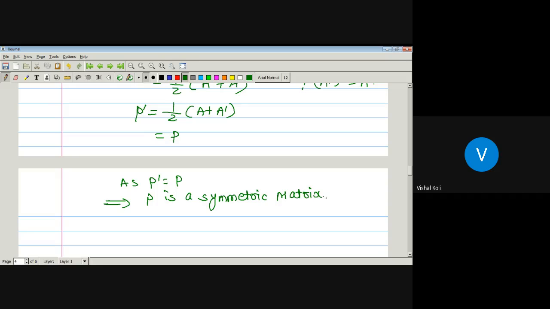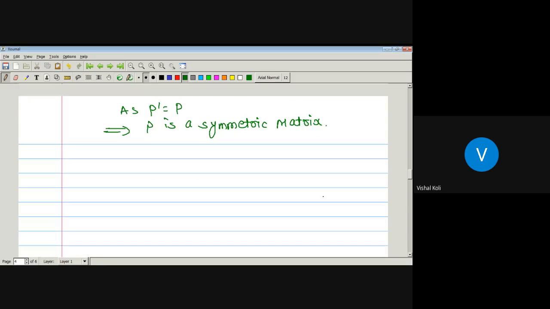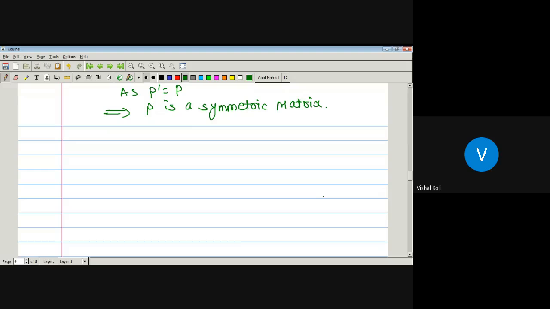Now let us find the transpose of the Q matrix.